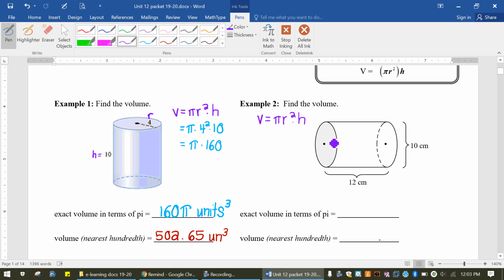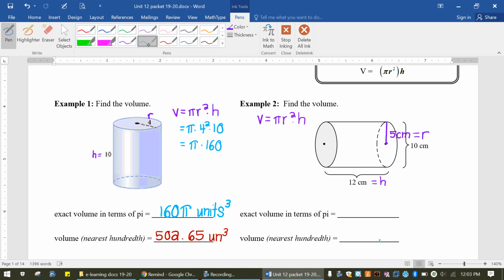And then we're going to identify what the radius and the height are on this diagram. So the bases here are on the sides, the circles, and you are given the diameter of the circular base instead of the radius. So we want the radius, which is halfway across the circle. So if the diameter is 10, the radius is 5. And then our height is what connects the two circular bases, so that is a 12.